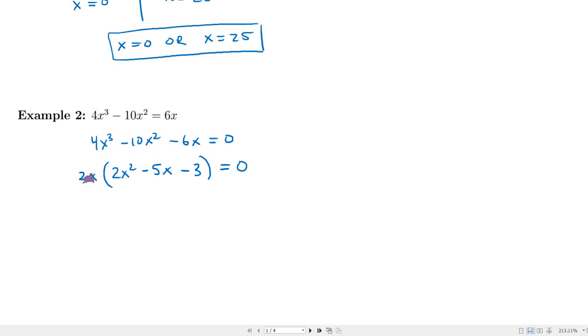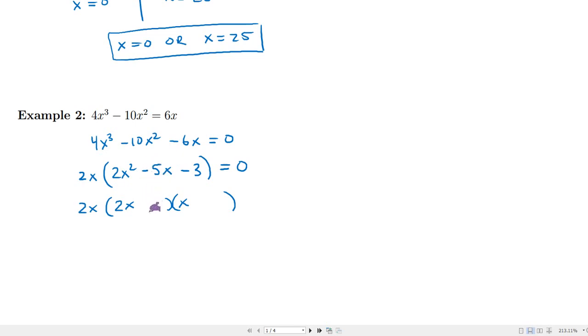And let's just double check that. So 4x cubed minus 10x squared, and then minus 6x. So that looks good. And then we'll have to factor the remaining portion of this. Since the leading coefficient is a 2, we're going to have a 2x and an x. And 3 only has factors of 3 and 1. And if I'm getting a negative, then one of those is going to be negative, and I need to get the sum as negative 5.